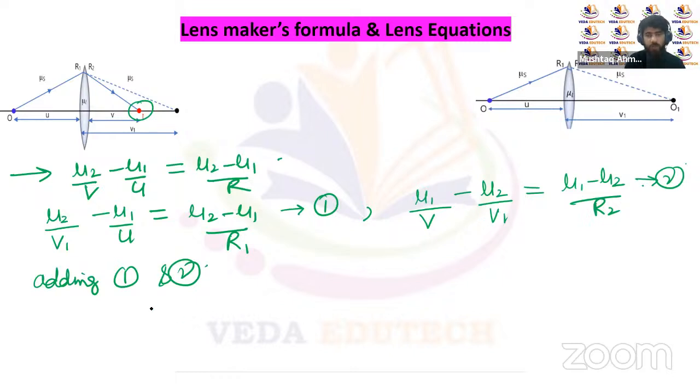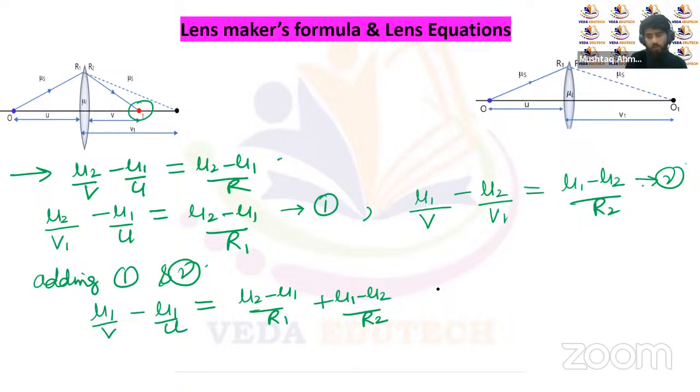We'll be left with mu1 upon v minus mu1 upon u, which will be equal to mu2 minus mu1 upon r1 plus mu1 minus mu2 upon r2. From here we can take mu2 minus mu1 as common, so the bracket will be left with 1 upon R1 minus 1 upon R2.